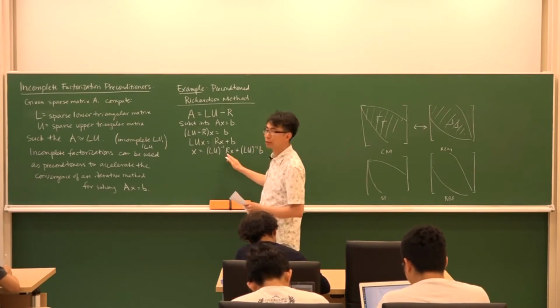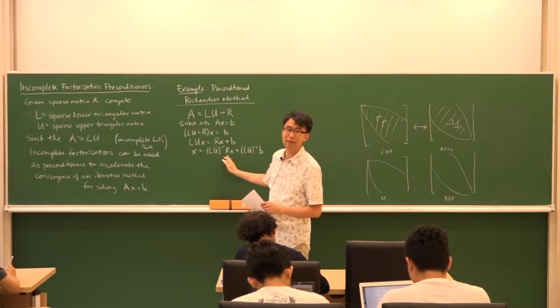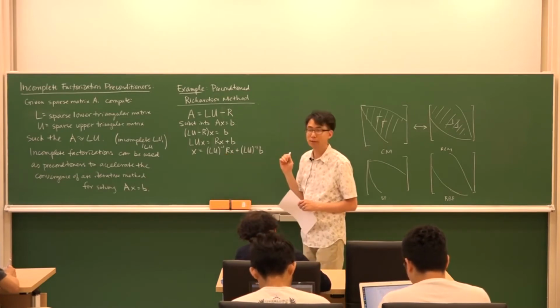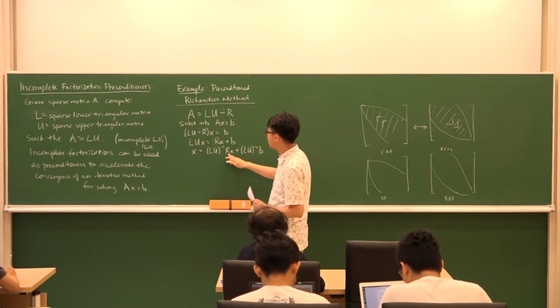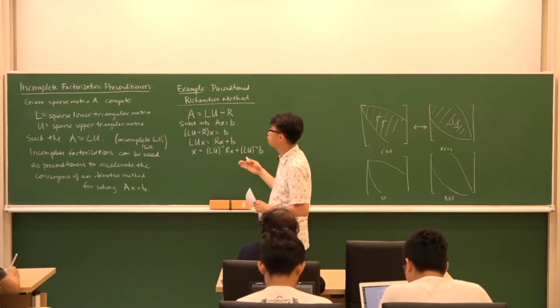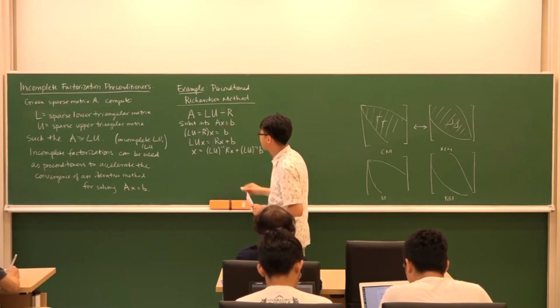And it's kind of difficult to have a method that has R in it because we don't know what the remainder is, right? We know what L and U are, but we don't know what R is. But we can express R in terms of A and LU, right? So let's substitute that.